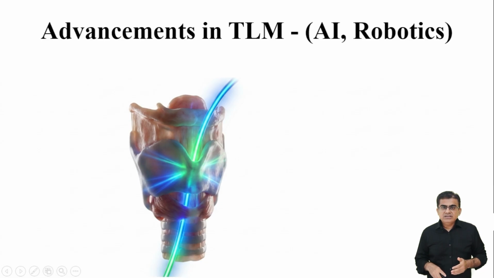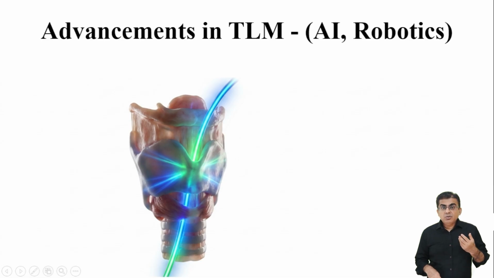To safely solve these specific clinical problems, our field is rapidly moving towards advanced technologies. In this segment of our lecture, we will explore exactly how these new tools are changing our surgical approach in the operating room. We will discuss the major shift away from the traditional carbon dioxide laser towards new blue light and KTP laser.